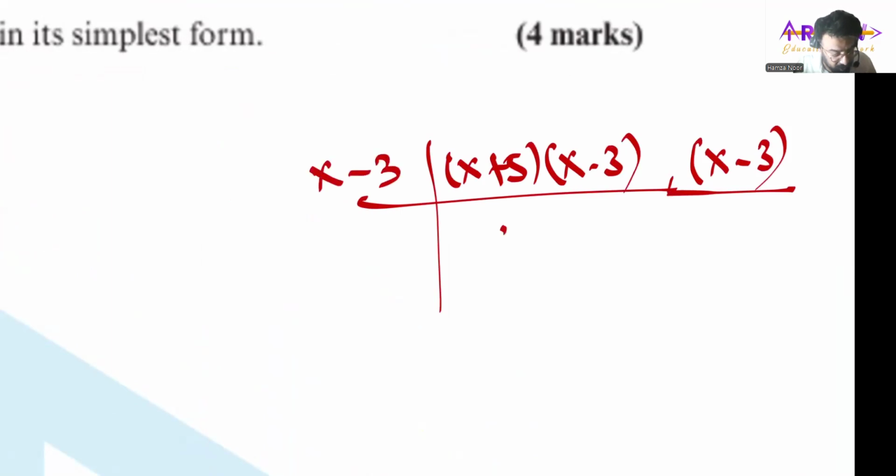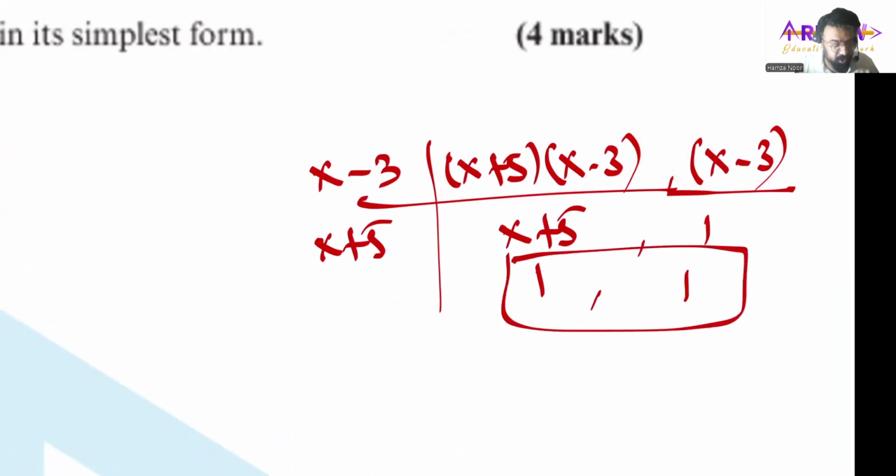So (x − 3) multiplied by (x + 5) will give you this complete expression, and (x − 3) into 1 will give you (x − 3) itself, and then (x + 5) multiplied by 1, and here you have 1 as it is underneath 1. So in the end you are left with 1, 1. Whatever the product of these two terms is, that is basically the LCM. So (x − 3)(x + 5) or (x + 5)(x − 3), same thing.